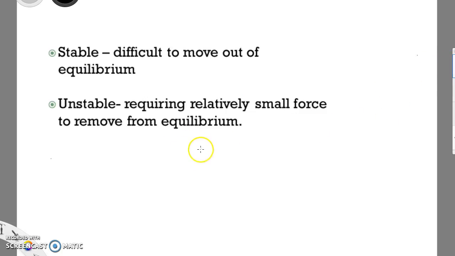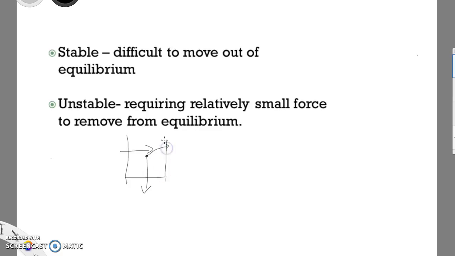Tipping something has to do with one thing, okay? If I have this object right here, and let's say it's got a center of mass located right here. In order to tip this object, gravity pulling at the center of mass, I have to get this center of mass to be outside of the base. So as I push this object over, the center of mass kind of rotates up.